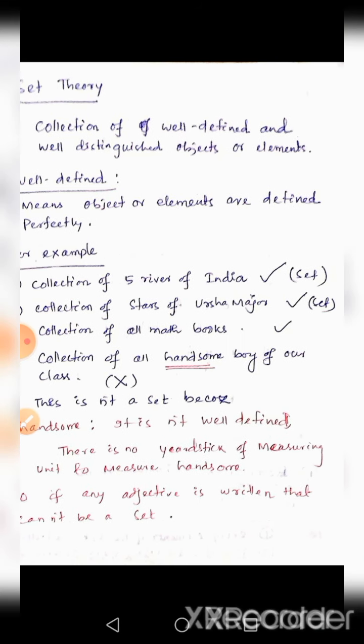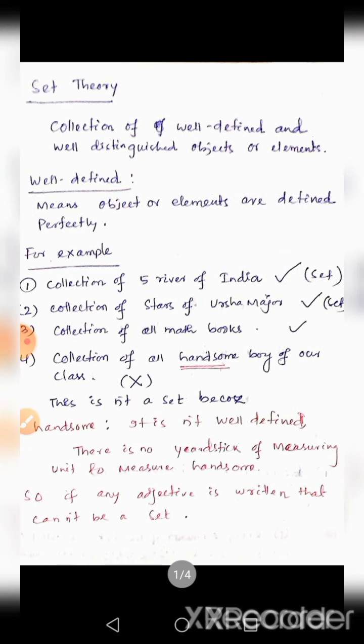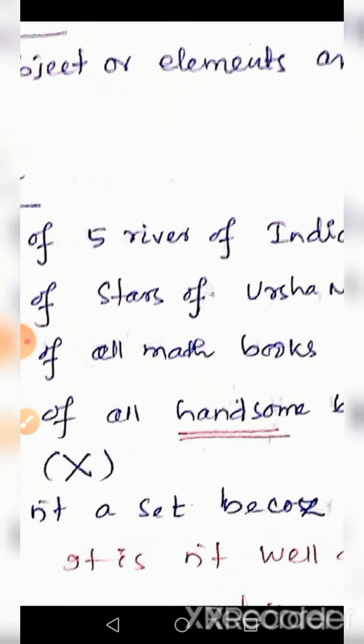But if I say a collection of all handsome boys of your class, what happens? How can you know who is handsome? No one will say I am ugly; everyone says I am handsome. So here there is no yardstick, no measuring stick to measure handsomeness.